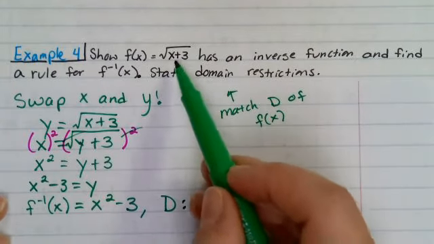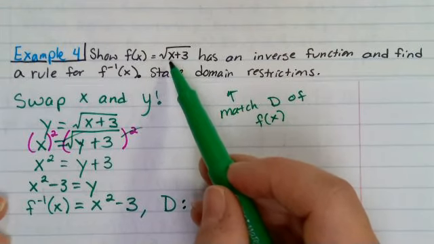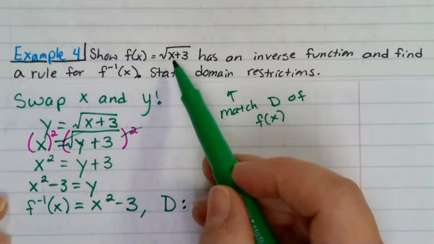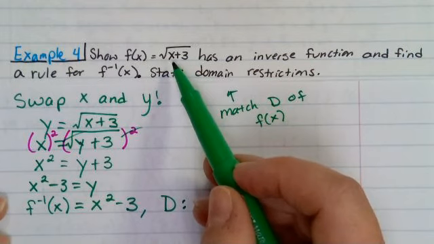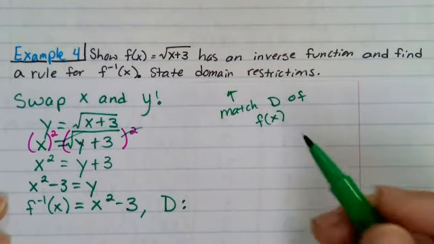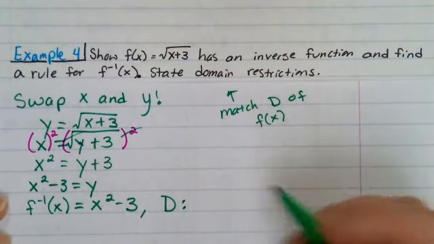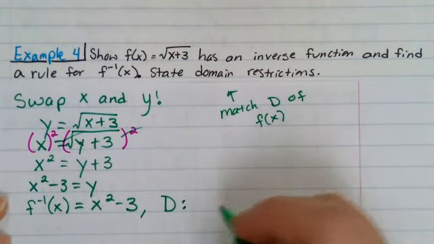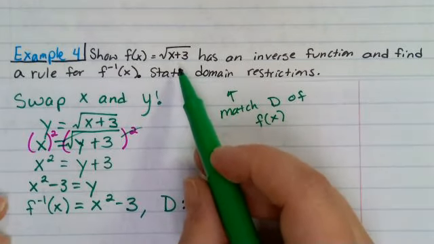That would be if x was less than negative 3. Negative 3 is okay because negative 3 plus 3 is 0, and the square root of 0 is 0. The problem is if I plug in a smaller number, like negative 4, then you would end up with a negative under your radical, and that's not okay. What I need is my domain to give me real answers, which means I need all my values to be negative 3 or more.